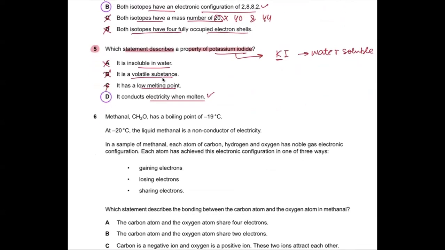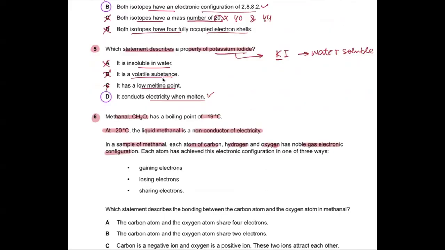Now, MCQ number 6. Methanol, CH4O, has a boiling point of minus 19 degrees Celsius. At minus 20 degrees Celsius, the liquid methanol is a non-conductor of electricity. In a sample of methanol, each atom of carbon, hydrogen, and oxygen has a noble gas electronic configuration. Obviously, when they share electrons, their outermost shell is completely filled, so they do have a noble gas electronic configuration.